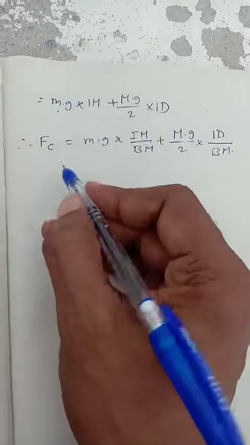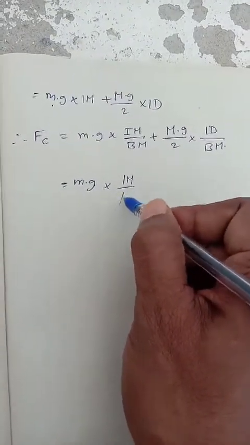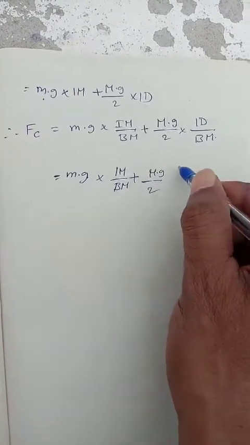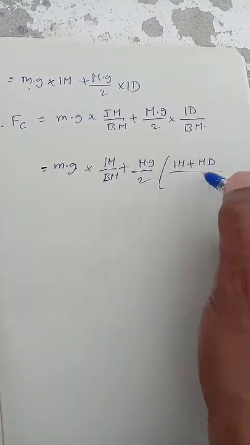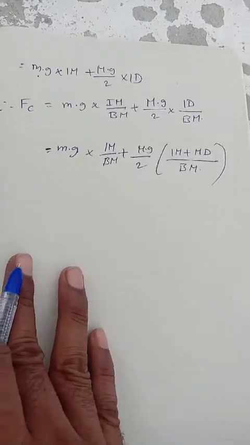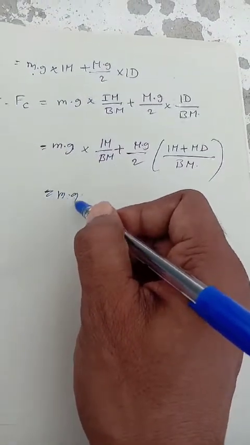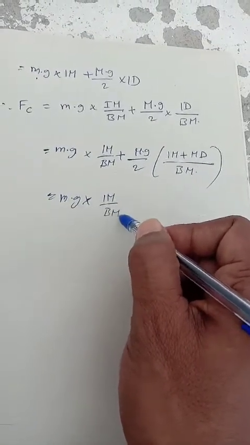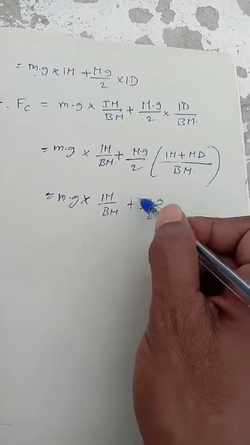Okay, and then m into g into IM by BM plus capital M into g by 2 into ID by BM.